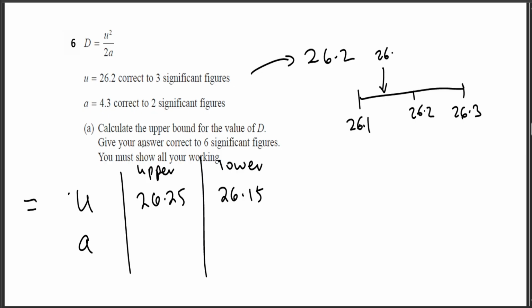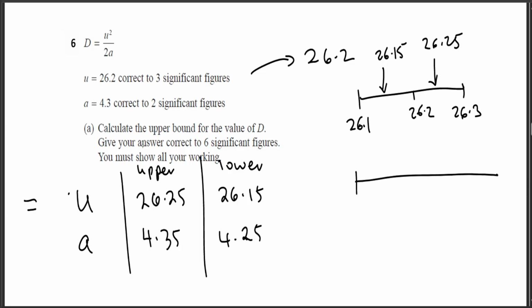Obviously this one is going to be 26.15 and this one is going to be 26.25. For a, the upper is going to be 4.35, the lower is going to be 4.25. Also imagine where you have 4.3, 4.4 and 4.2. This is going to be 4.25 and this is going to be 4.35. So simple.